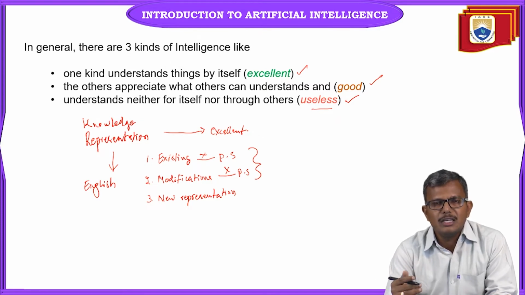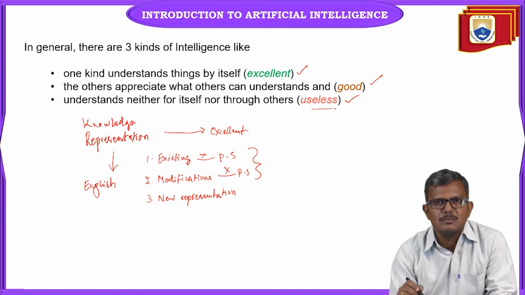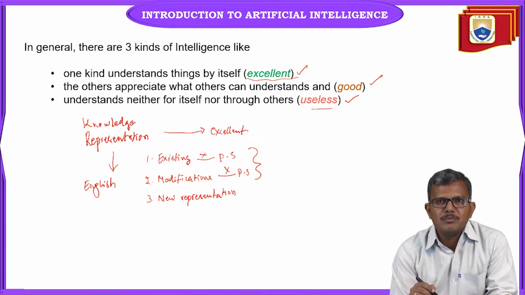If you cannot get it by reading directly, and even if somebody explains it you are still unable to get it, then we can say that it is a useless intelligence. Here we need to always concentrate on the excellent one. In terms of knowledge representation, you are supposed to represent the knowledge so that it can be directly useful in applying to any kind of problem.